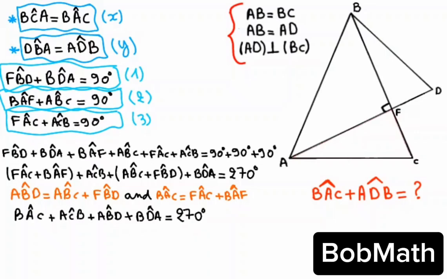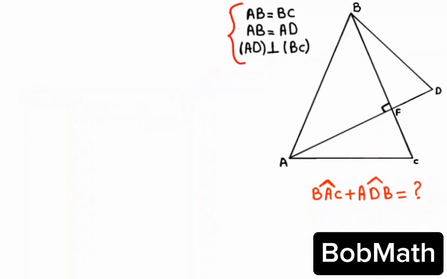From X and Y we conclude that angle BEC plus angle BEC plus angle BDA plus angle BDE equals 217 degrees. Therefore, 2 angle BEC plus 2 angle BDA equals 217 degrees.